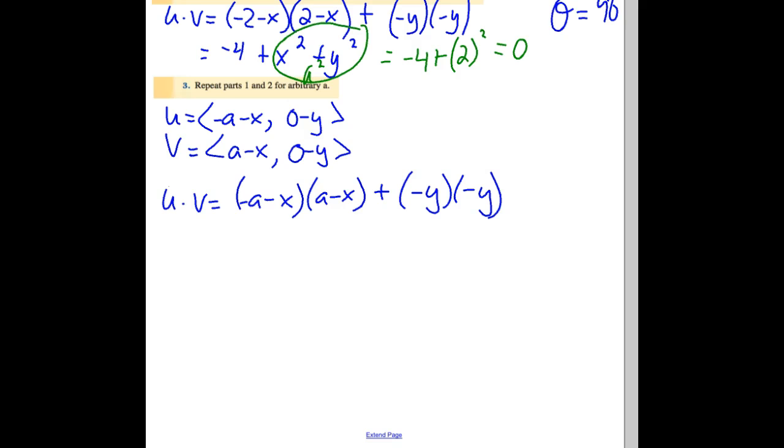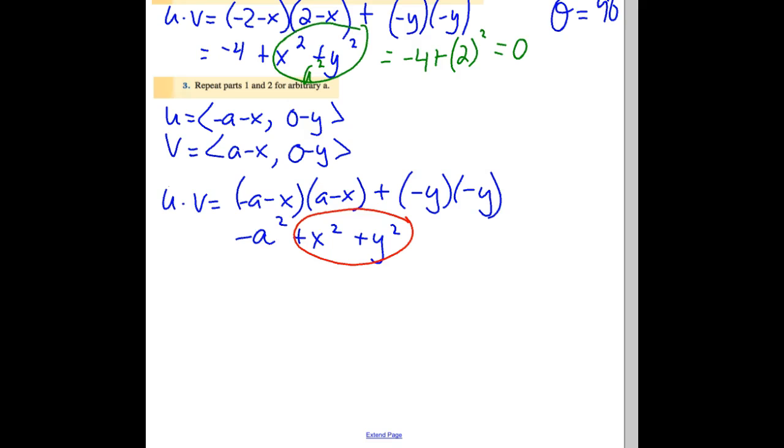So if we FOIL this, negative A times A is negative A squared. Insides and outsides still cancel each other out. Okay. Negative X times negative X is positive X squared. Negative Y times negative Y is positive Y squared. But X squared plus Y squared equals A squared.